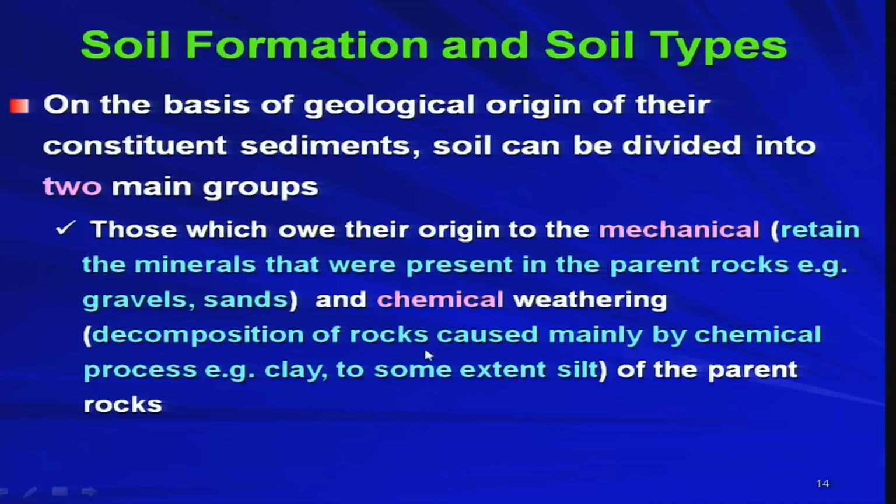Like gravel and sand, they are basically the disintegrated part of the parent rock. Whereas, if you allow chemical weathering to this rock, that is the decomposition of rocks caused mainly by chemical process, you may get some change in the mineral composition of the disintegrated rock material, like clay and, to some extent, silt.